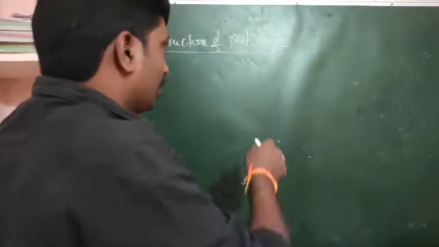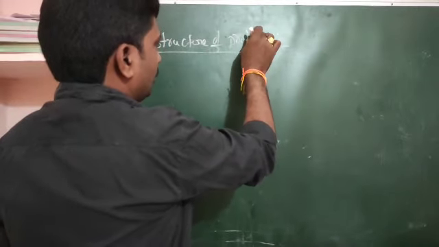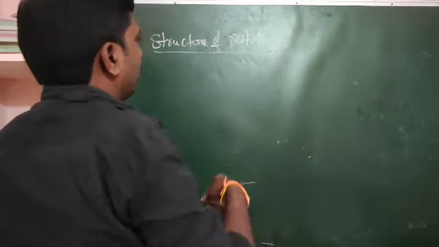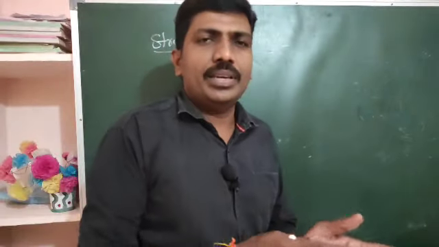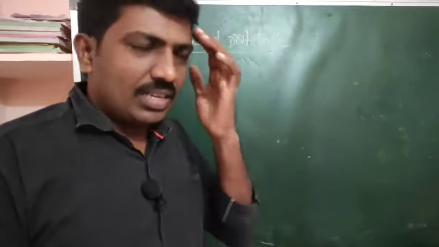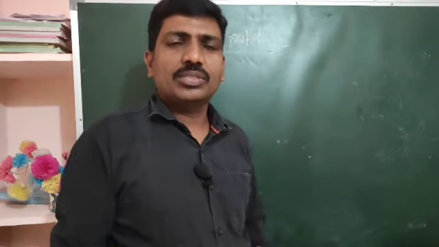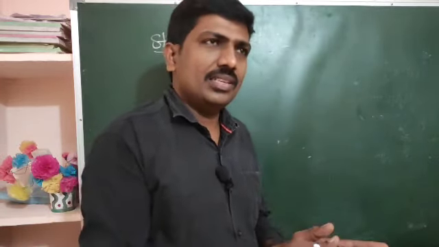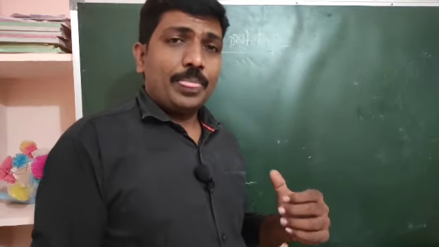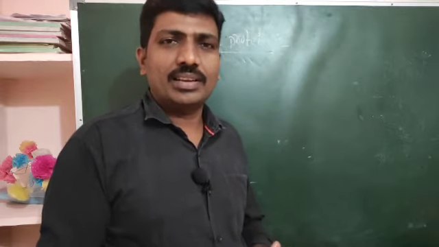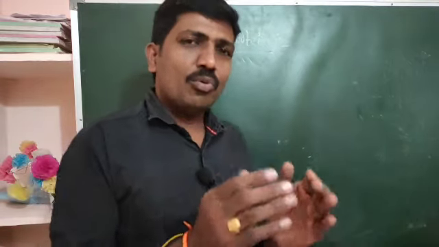Just like the biomolecules glucose, fructose, galactose, lactose or maltose, which have structures with glycosidic linkages, polysaccharides or disaccharides, here also some monomers combine to form a big polymer, that is alpha amino acids.